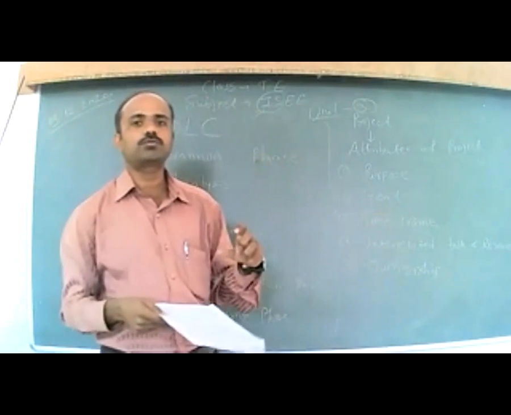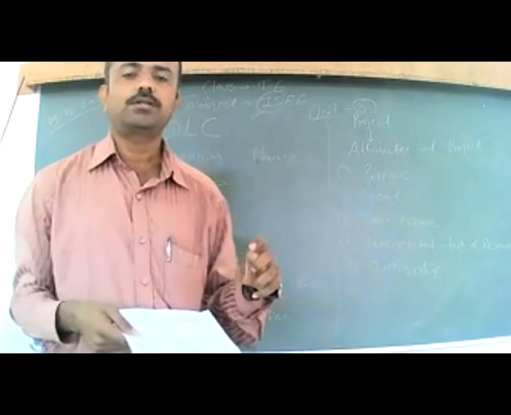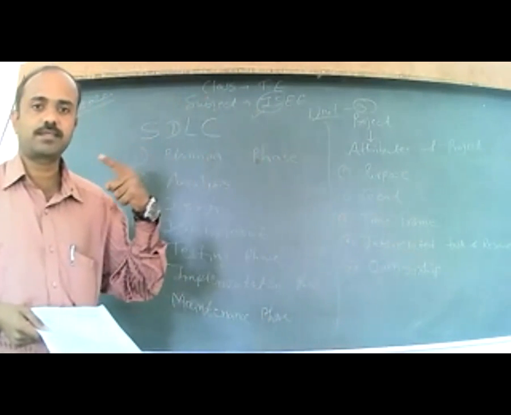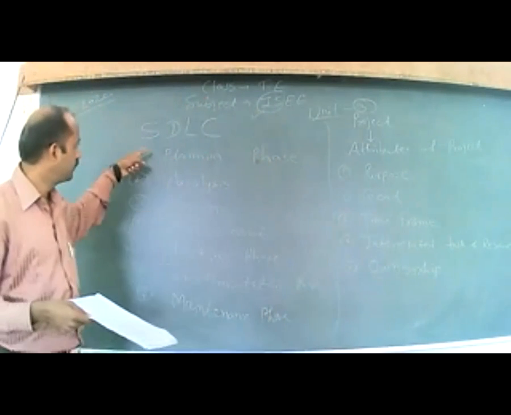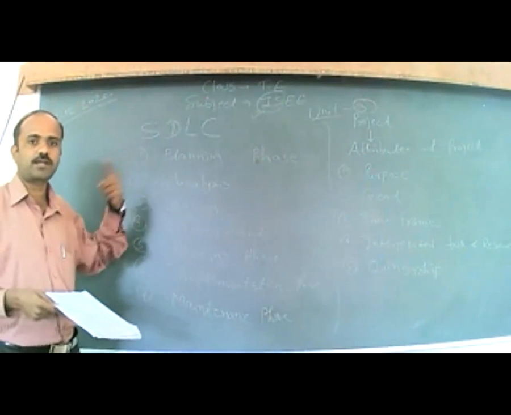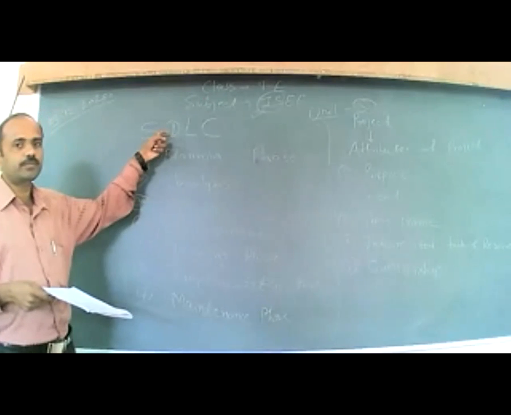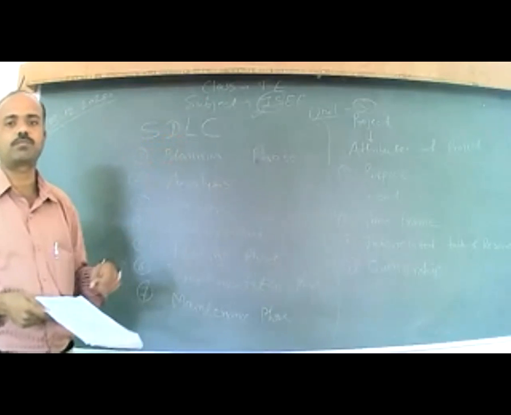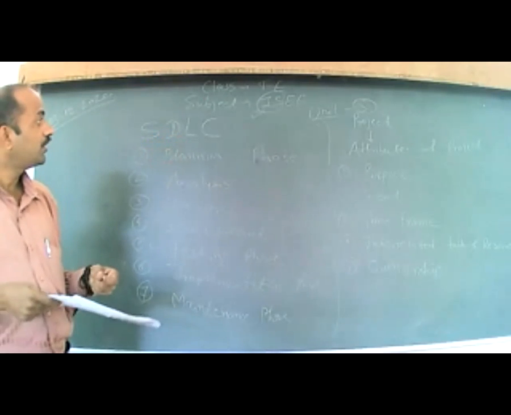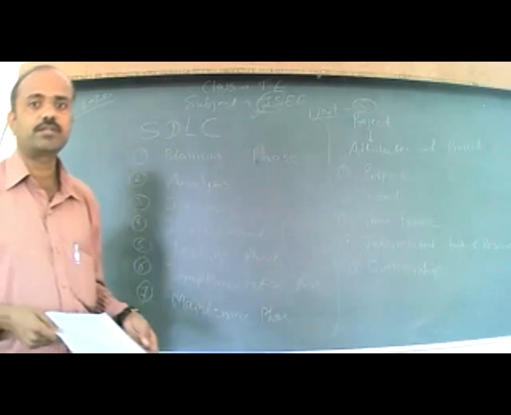When a particular project is going to be developed, there is a complete cycle of 7 phases responsible for the development of that system or software project. What are the different phases?